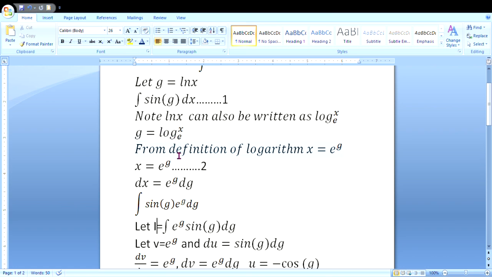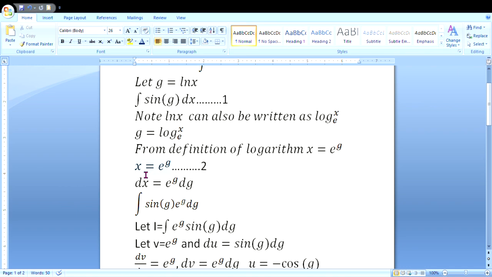From the definition of logarithm, x can be written as exponential g. That means x is equal to e raised to the power of g. This forms equation 2.